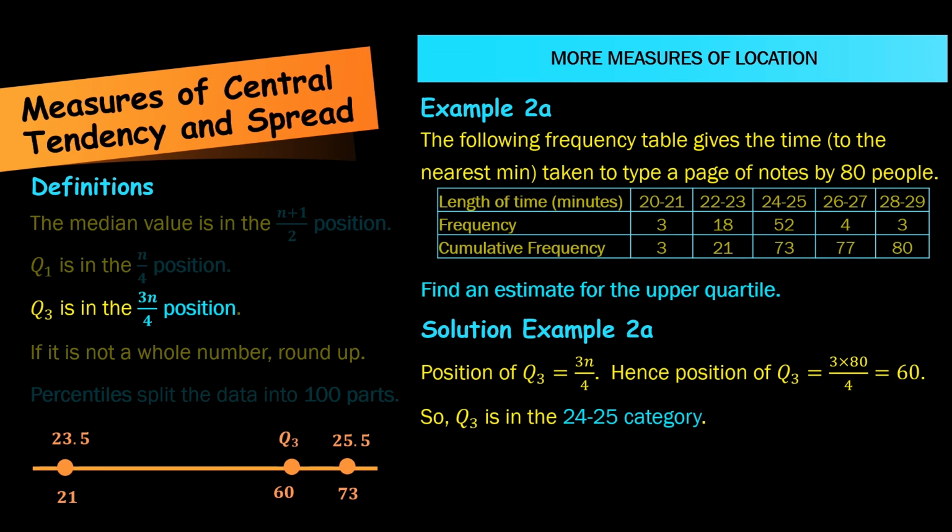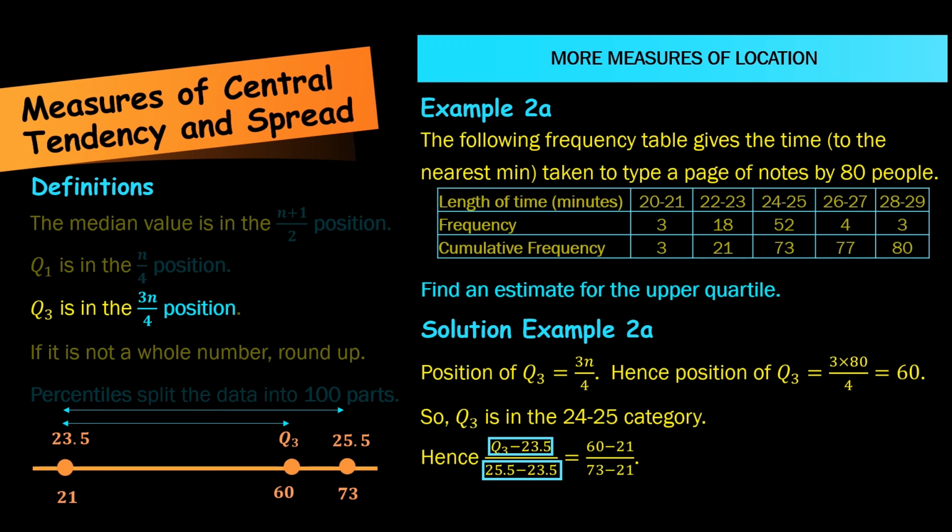So using ratios, we have this equation. We have Q3 minus 23.5 divided by the class width, 25.5 minus 23.5, is equal to 60 minus 21 divided by 73 minus 21.